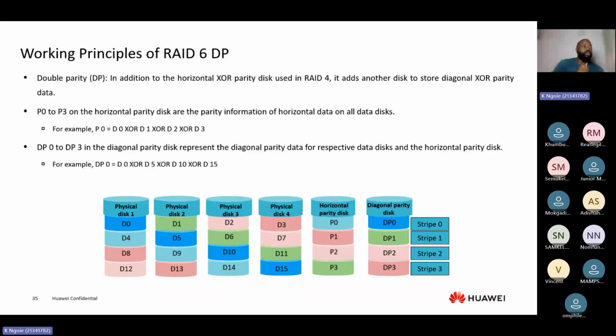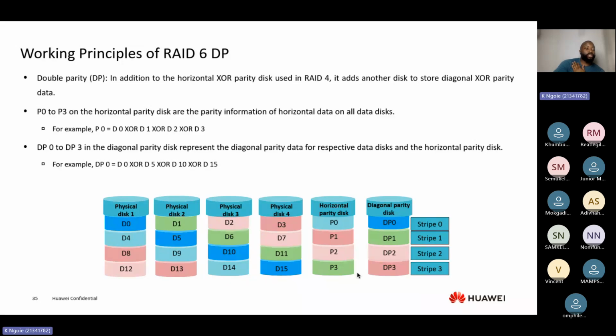So on the horizontal, let's say we have a P0 and P3 on the horizontal parity disk, where we have the parity information.